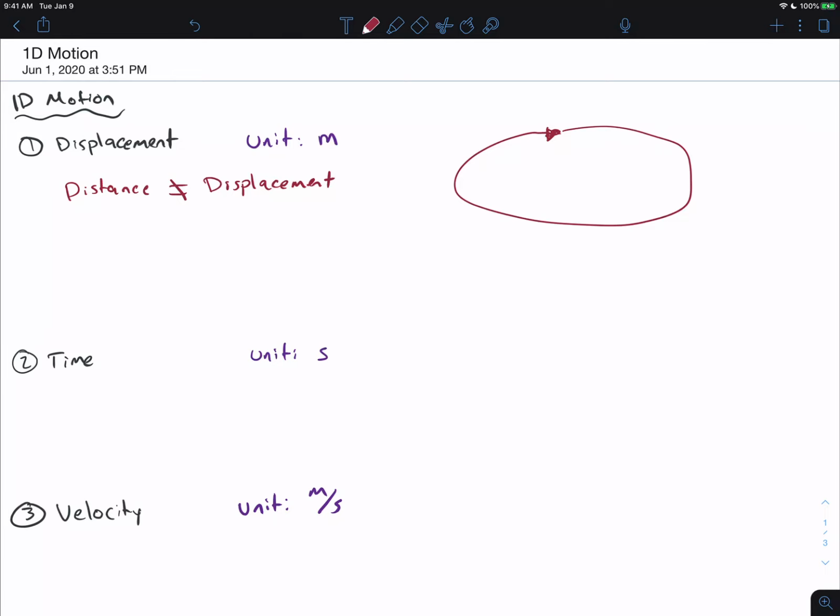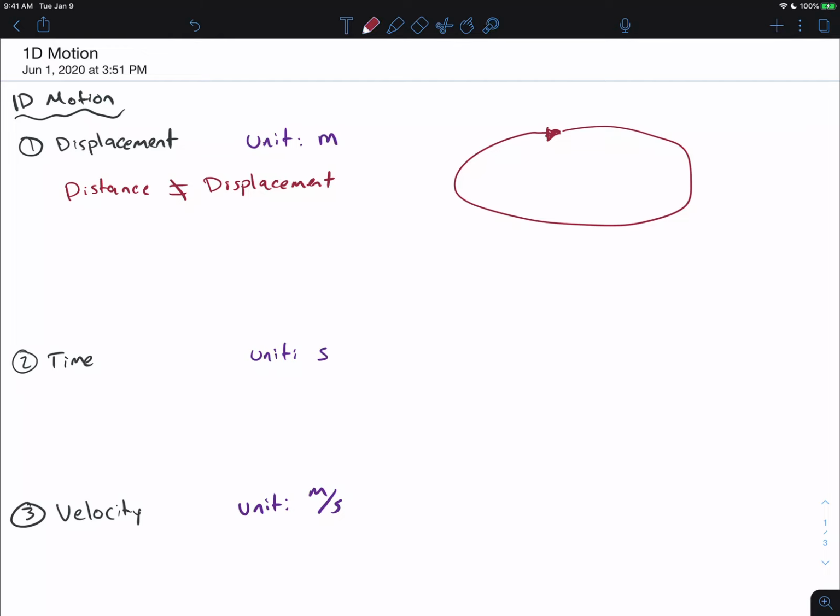When I make this round, if I'm just counting distance, I'm essentially counting some measure of, let's say, my steps or something like that. That will keep increasing, right? So I can keep going around this track more and more and more. Let's say one lap is a quarter mile. I do it again, so now my distance is half a mile, three-quarters of a mile, and I'll keep doing this over and over, right?